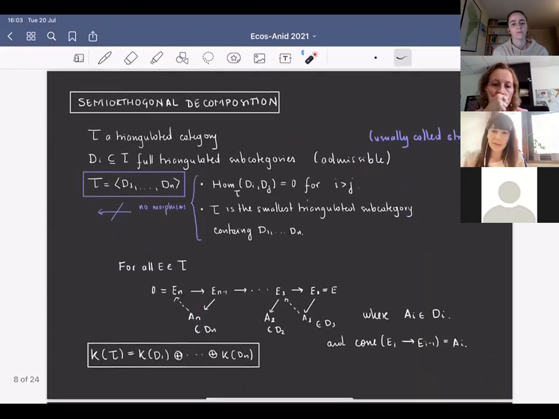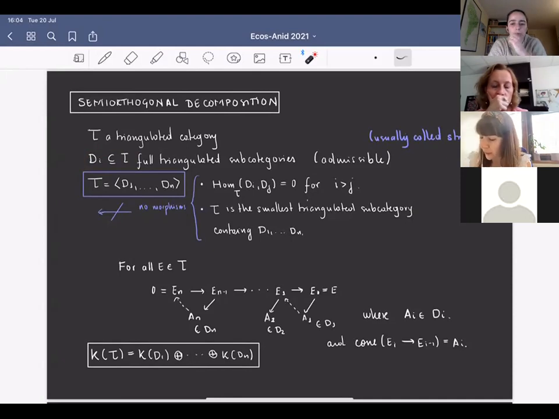The main tool that we're going to use are semi-orthogonal decompositions. When we have T, a triangulated category, we have D_i, which are full triangulated subcategories. We are always going to assume that they are admissible. This is usually called a strong semi-orthogonal decomposition. Admissible means that the left adjoint and the right adjoint of the inclusion exist.